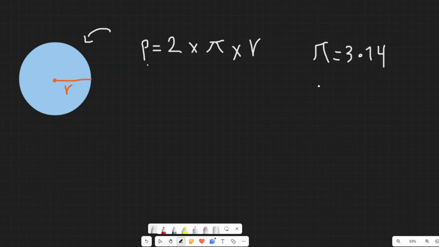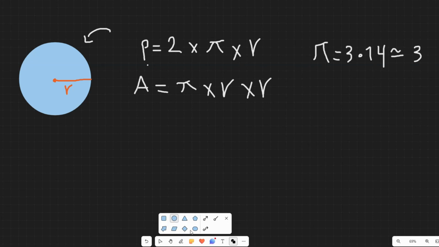Also, the actual number is much bigger, but this is just an approximation. Or probably sometimes you can just use 3. Perfect. The area of the circle is equal to pi again times r times r.